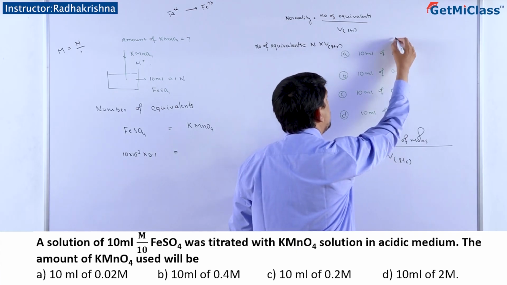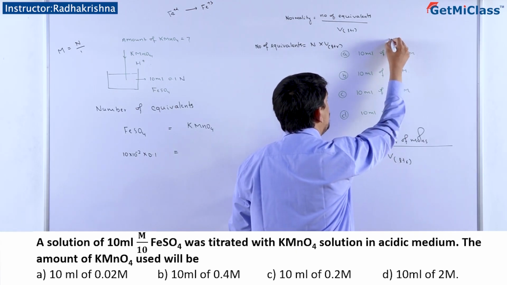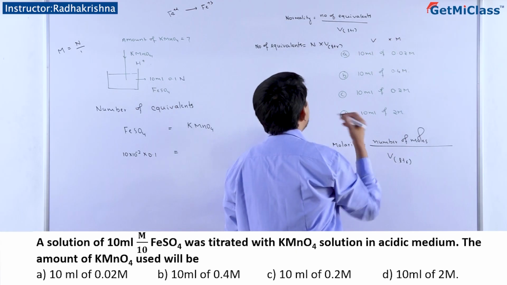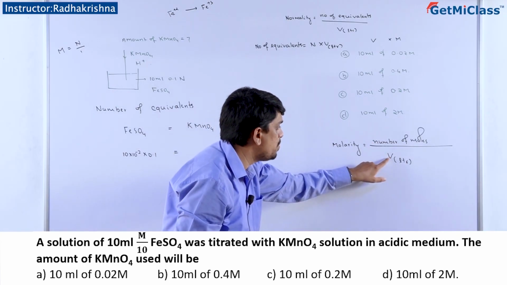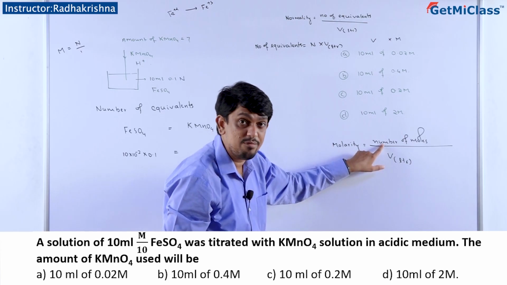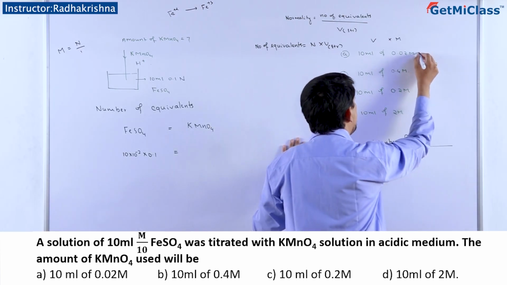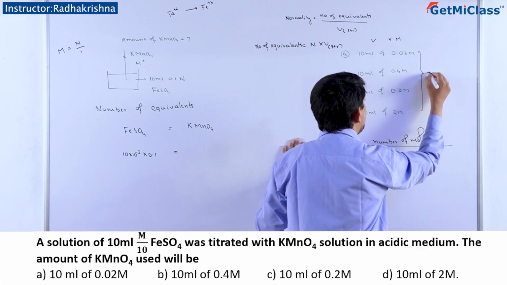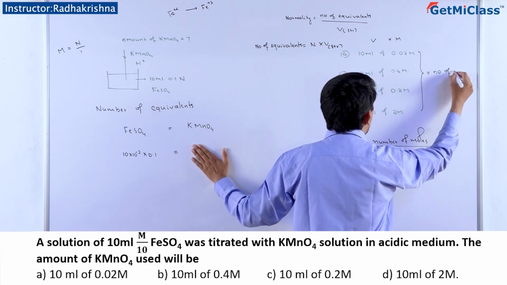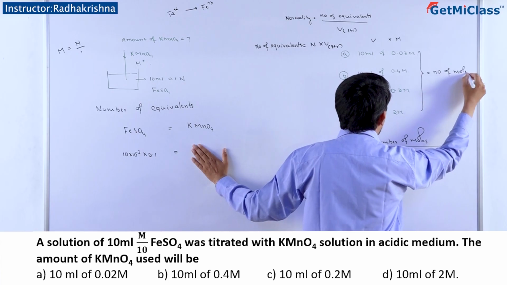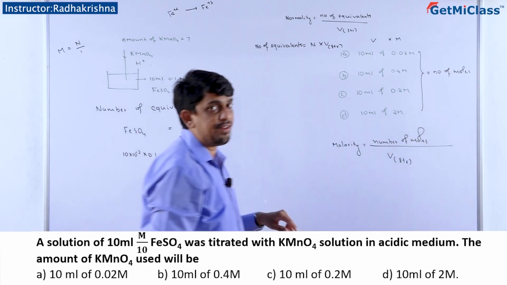This is nothing but molarity into volume, and volume into molarity is number of moles. So everywhere number of moles are given, so let's calculate the number of moles directly. Then the final conclusion becomes easy for us.